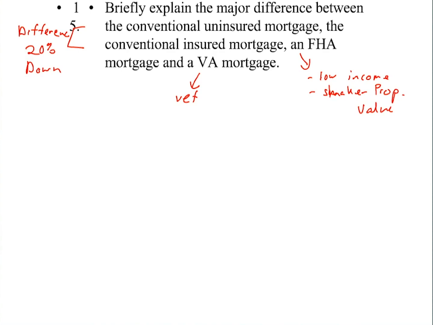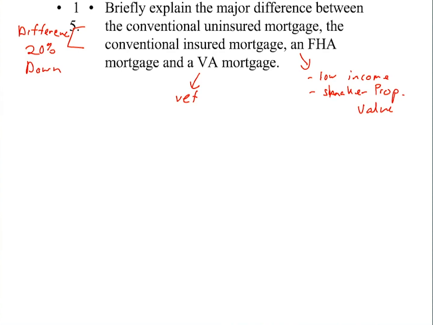For this question, I was really looking that you explained the conventional insured and uninsured, explained how to qualify, but mainly look for what's the difference between these two, that the difference is 20% down if you wanted to be uninsured. If you could only put down less than 20%, then you had to have insured, meaning that you had to pay PMI insurance.